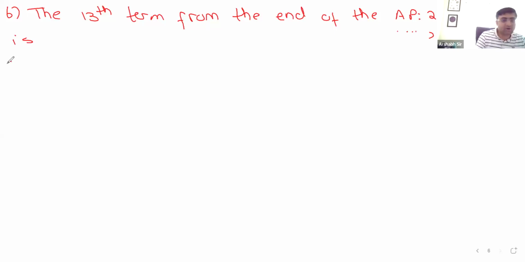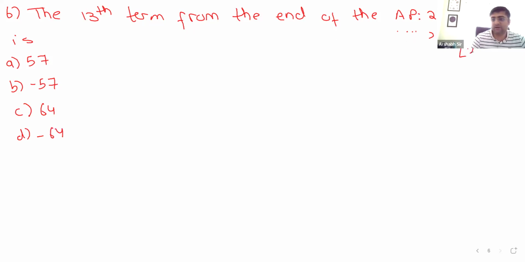Option A, 57; option B, -57; option C, 64, या फिर option D, -64. This question came last year, 2023 board exam.